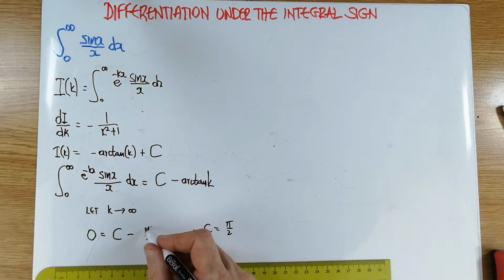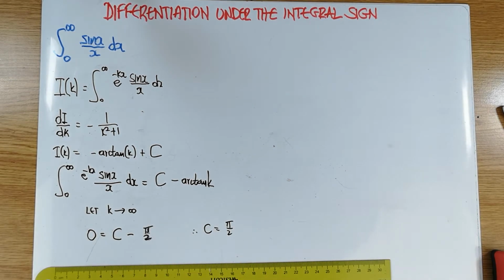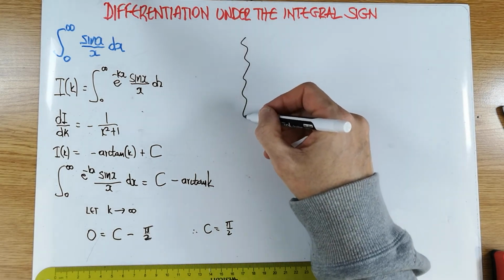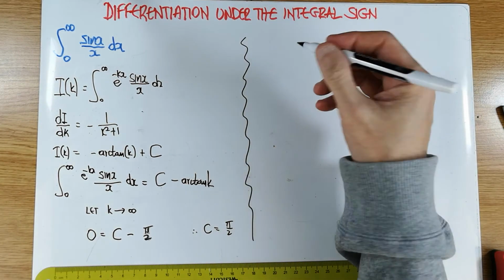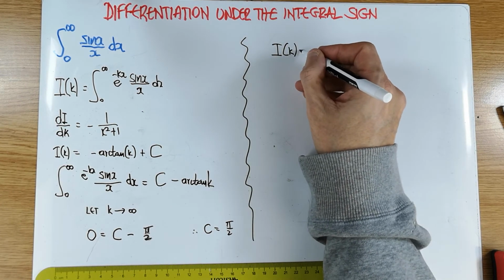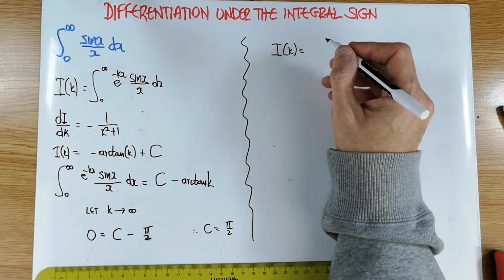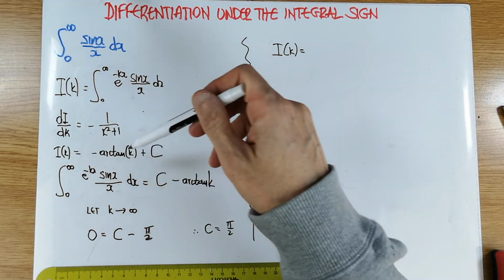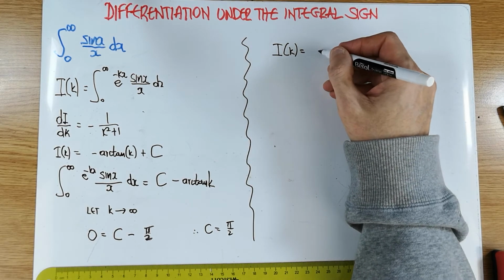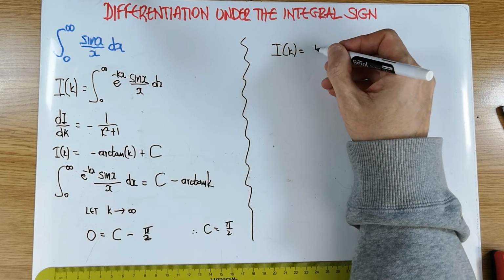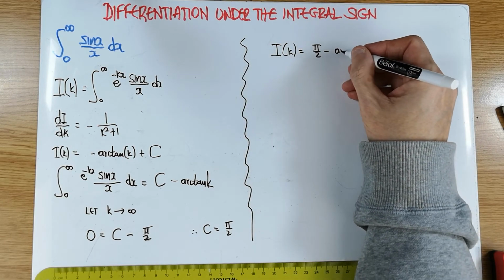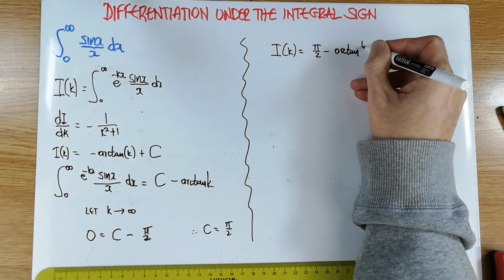Let's see what we got so far. I think we're done now. We got I of k equal to pi over 2 minus the arctan of k.